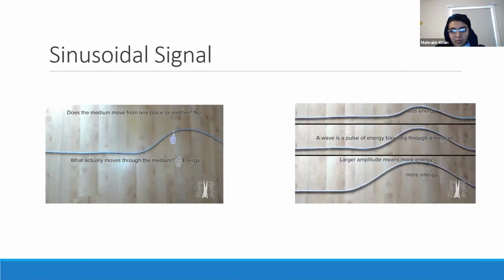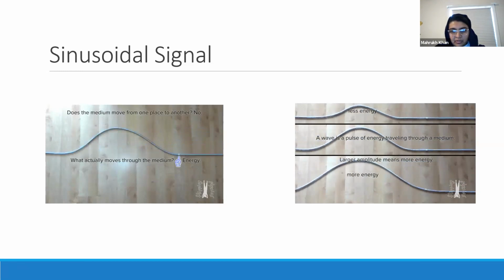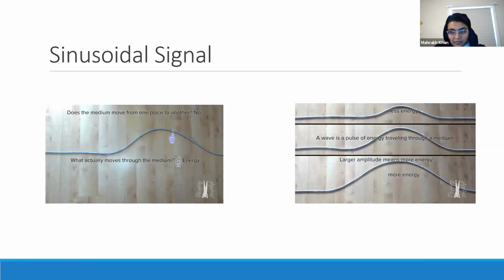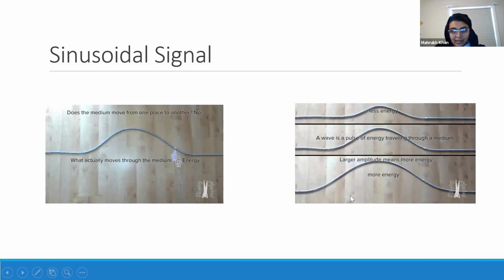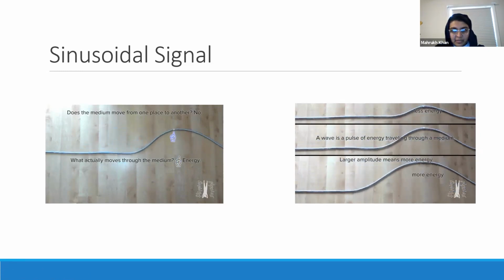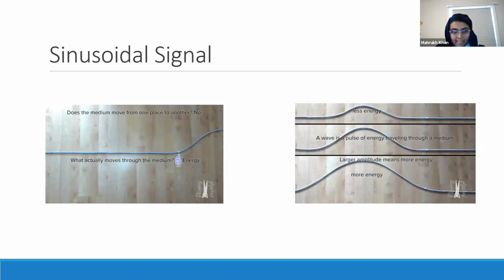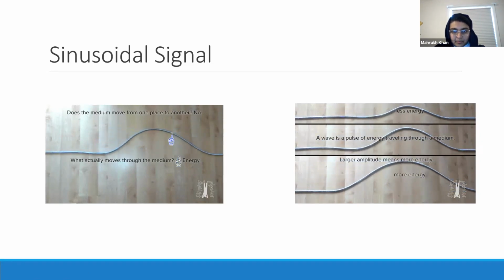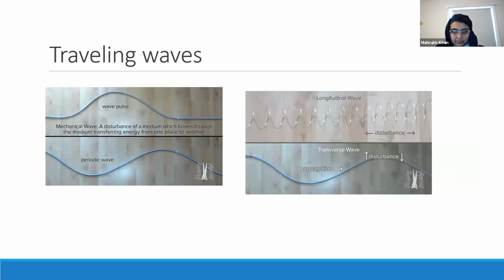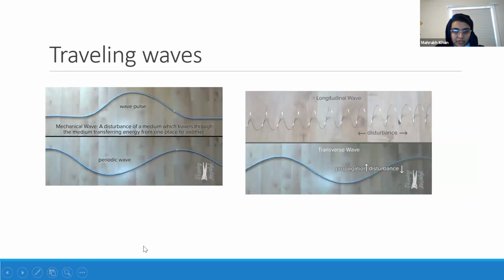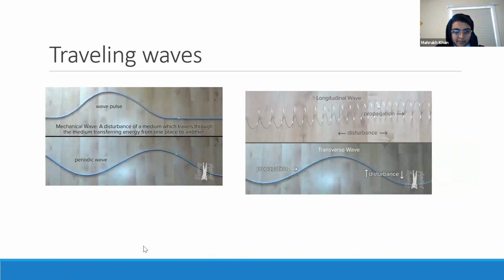When there will be more amplitude, more energy will be transferred. So with respect to the amplitude, energy can be measured. Okay. And this is the difference with the longitudinal and transverse waves.